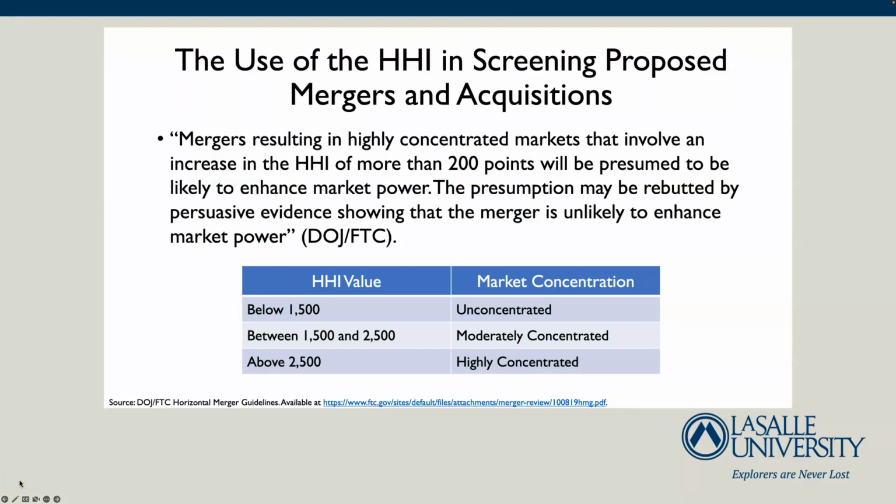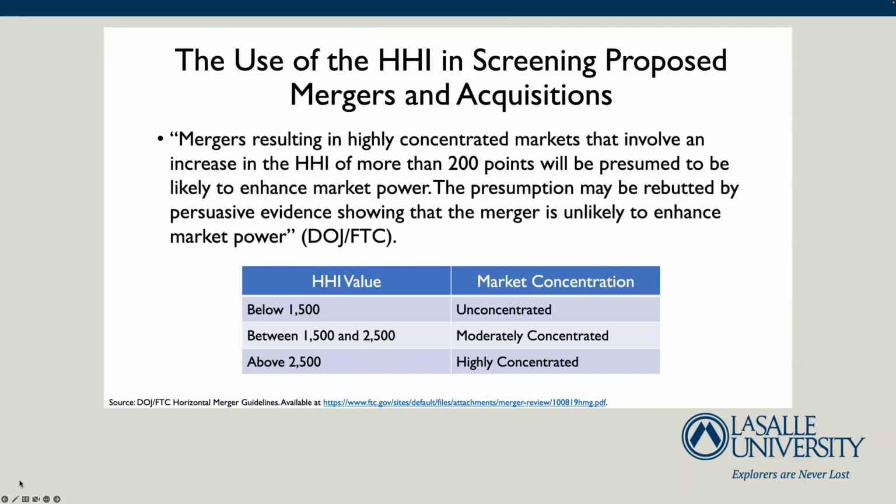HHIs may be used by the courts and the Department of Justice and the Federal Trade Commission when screening proposed mergers and acquisitions. If you have a merger leading to an increase in the HHI of more than 200 points, it's presumed to be likely to enhance market power.